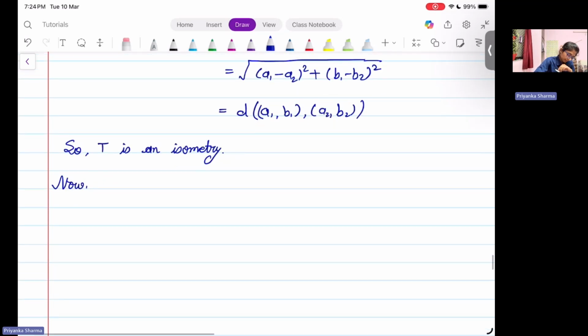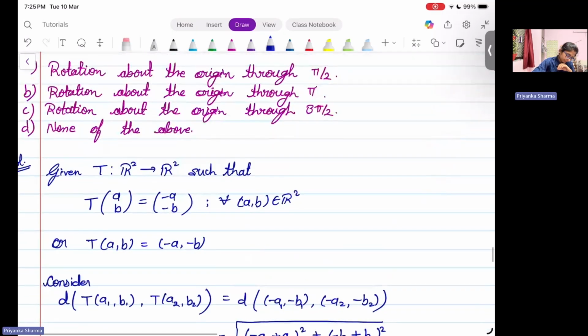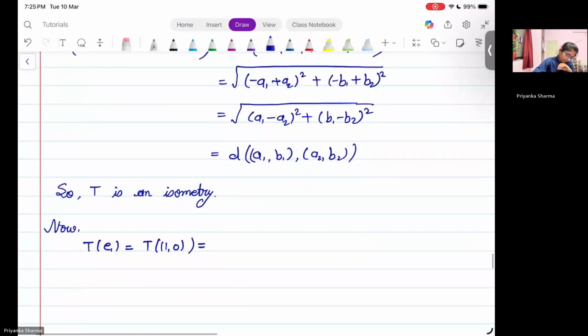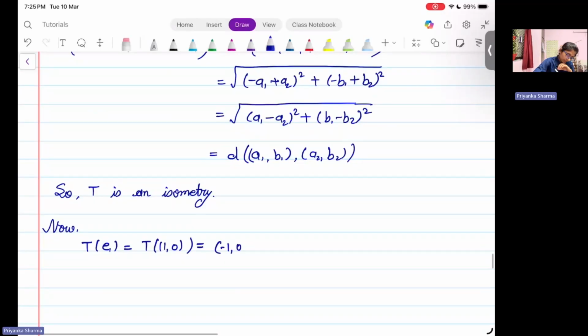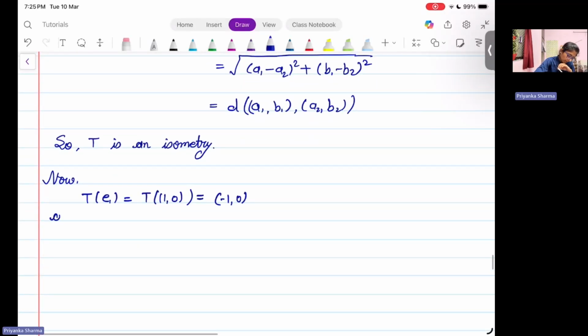For that, we need the images of the standard basis elements, that is T of E1, or T of (1, 0), which will be (minus 1, 0), and T of E2, that is T of (0, 1), this is (0, minus 1).